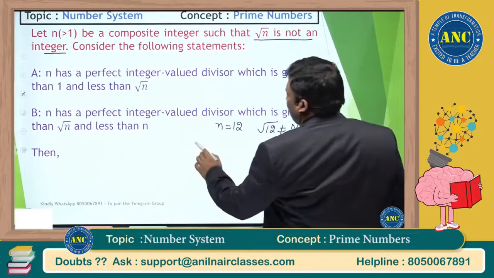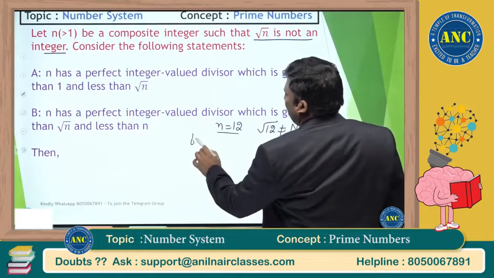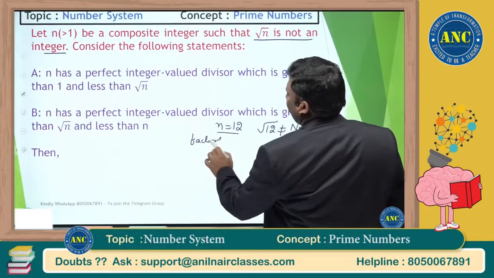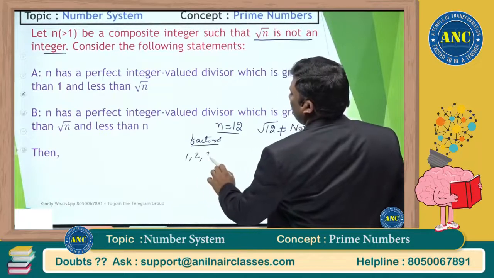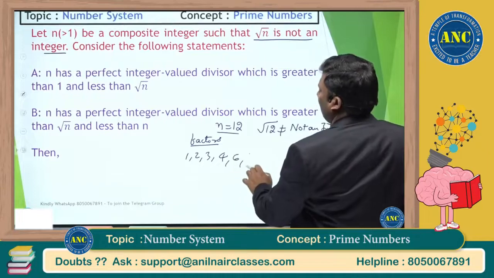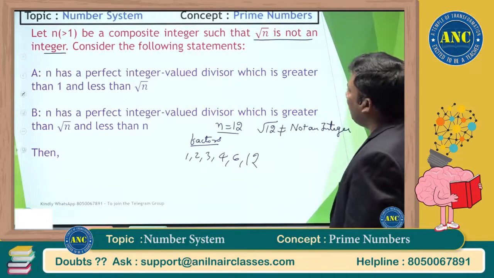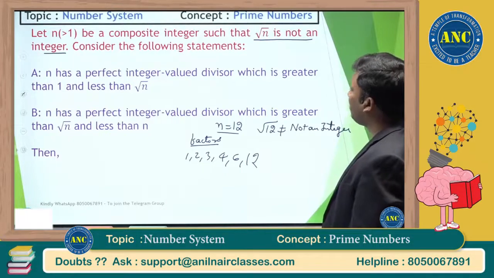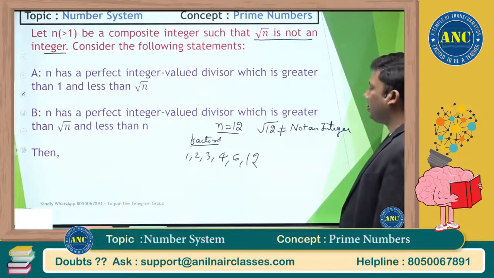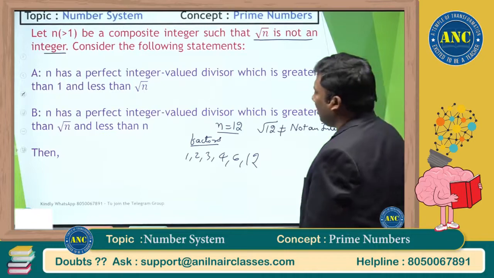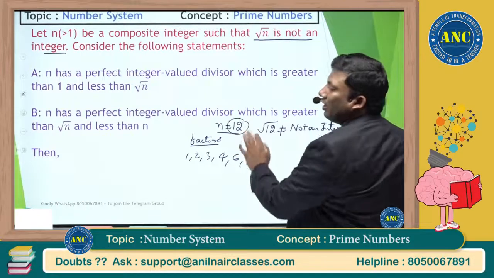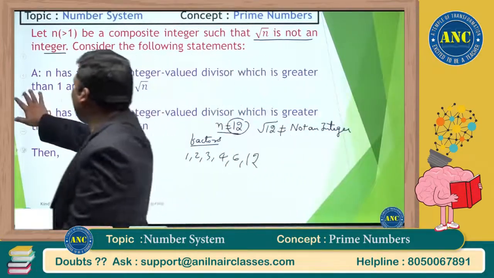Now what are the factors of 12? Factors of 12 are 1, 2, 3, 4, 6, 12. N has a perfect integer valued divisor which is greater than 1 and less than root n. That means n is 12 here. Read the statement and you will understand.